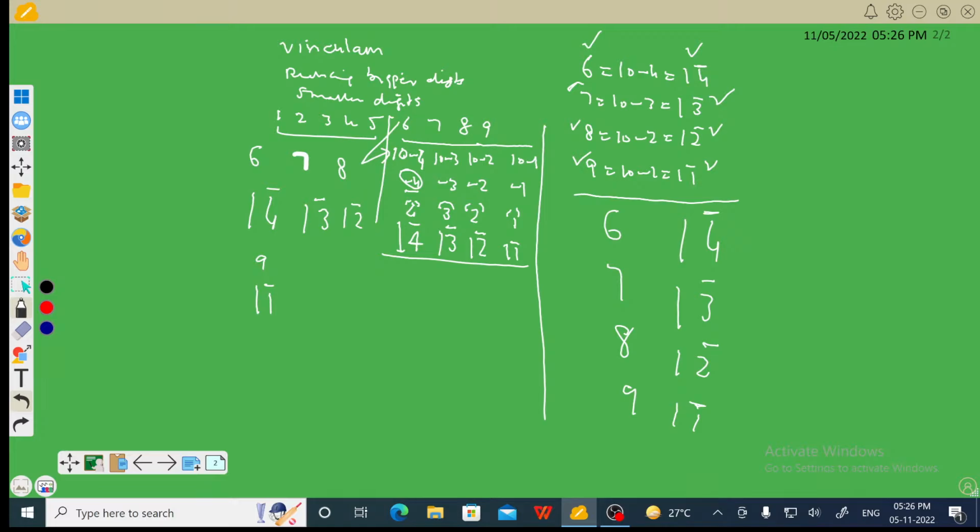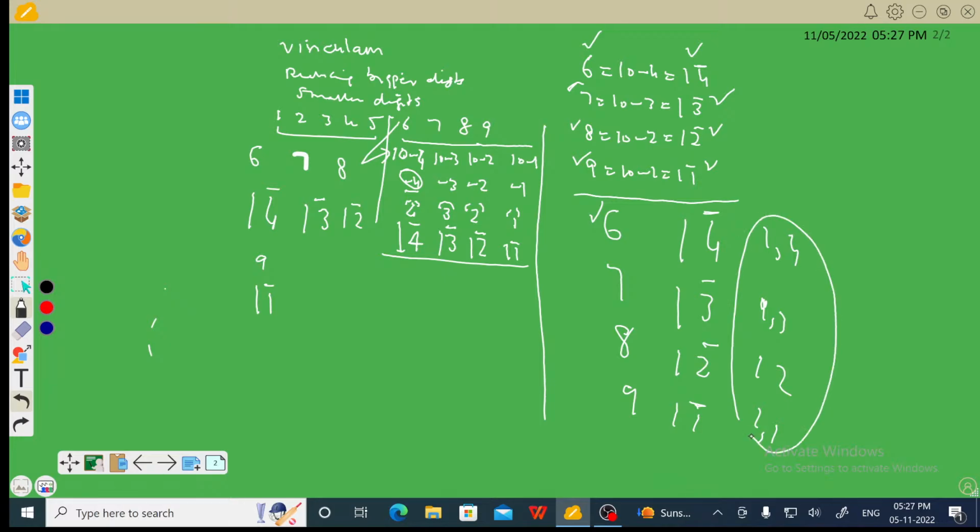So instead of 6, we have to operate in terms of 1 and 4 bar. For 7, 1 and 3 bar. Here 1 and 2 bar, here 1 and 1 bar. So see here, we are successful to reduce this into smaller digits.